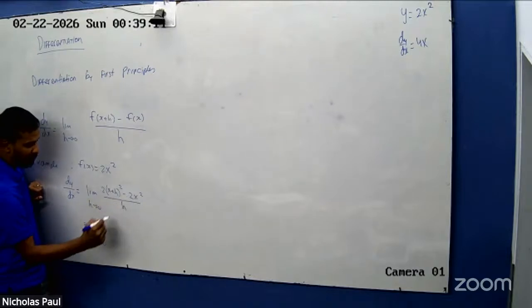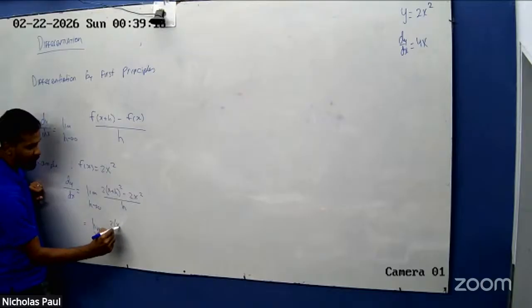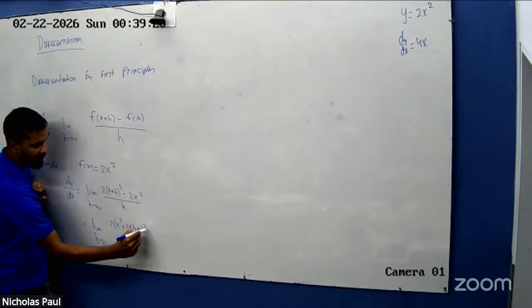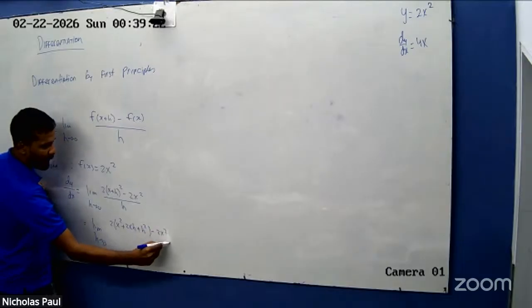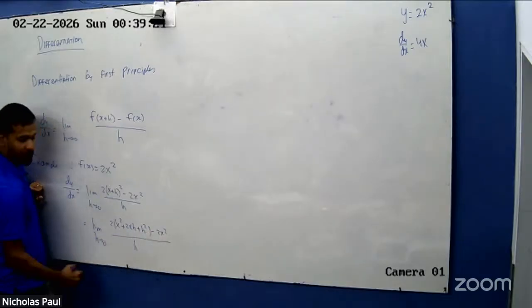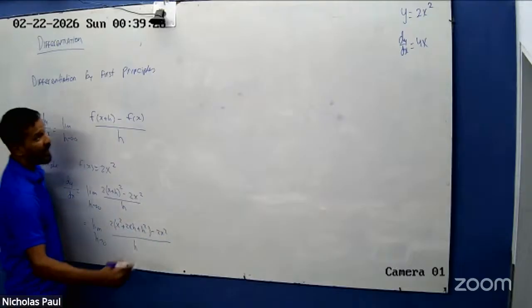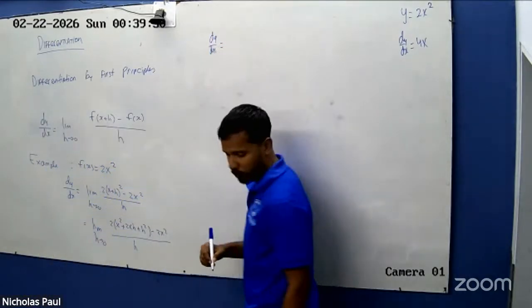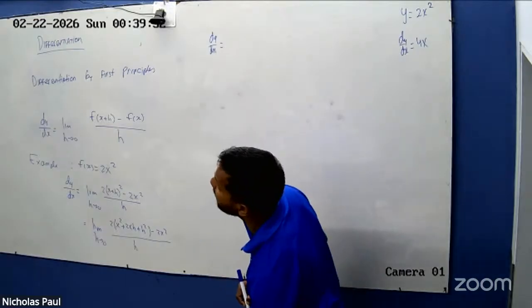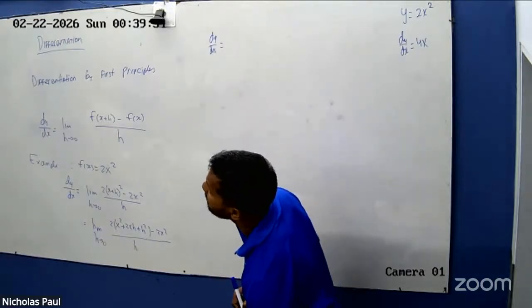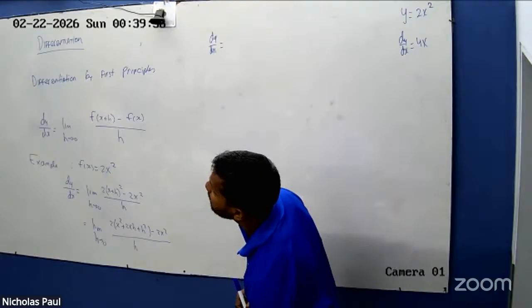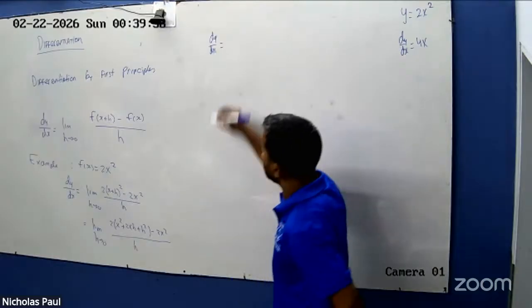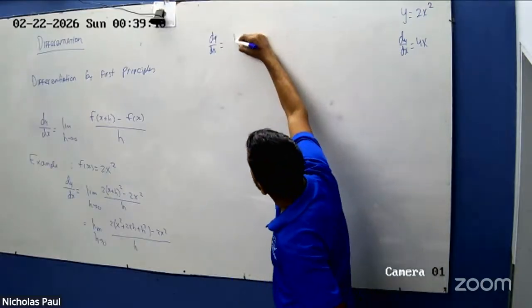Let's expand this out. You'll get 2 by x squared plus 2xh plus h squared, minus 2x squared, all over h. When I multiply the numerator out, I'll get the limit.